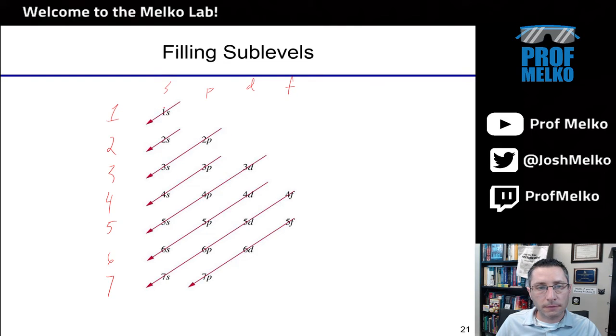The first column, I write 1s. The second, I write 2s and 2p. The third, 3s, 3p, 3d. The fourth, 4s, 4p, 4d, 4f. And then the sublevels are filled in this order, drawing arrows down and to the left. When you get to the end of one arrow, you come back here to the next arrow.